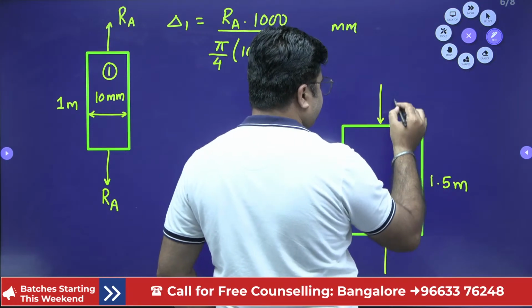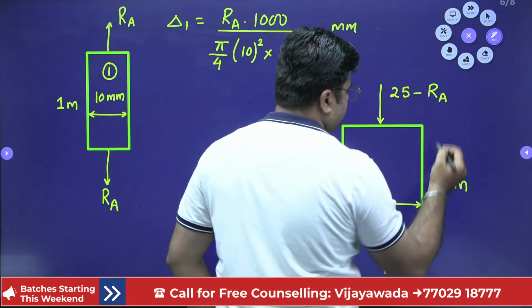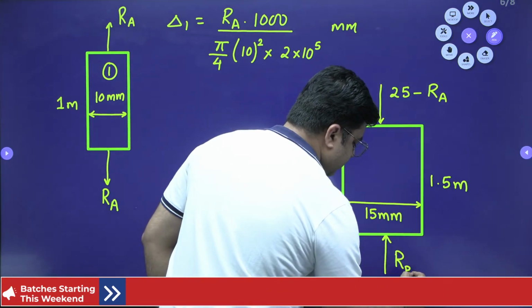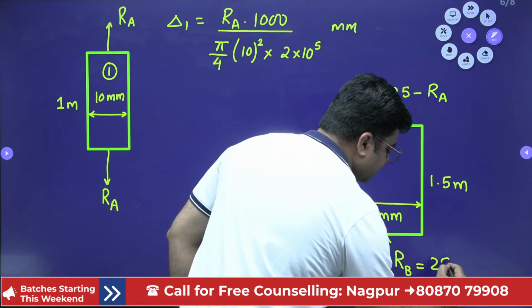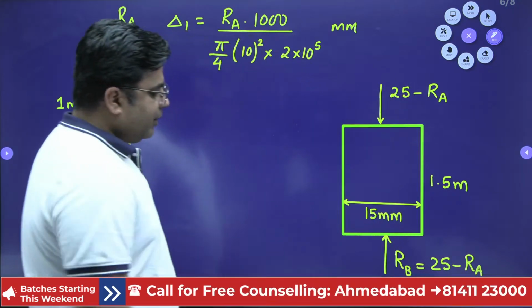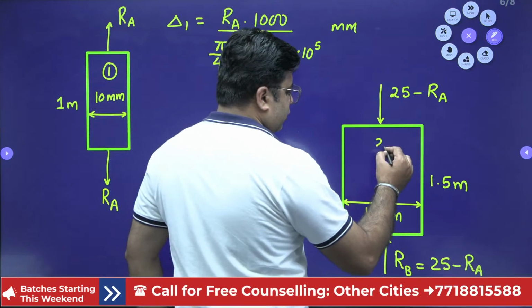So this will be 25 minus RA. This is also RB. So RB is nothing but 25 minus RA, right? So this is my member number 2.